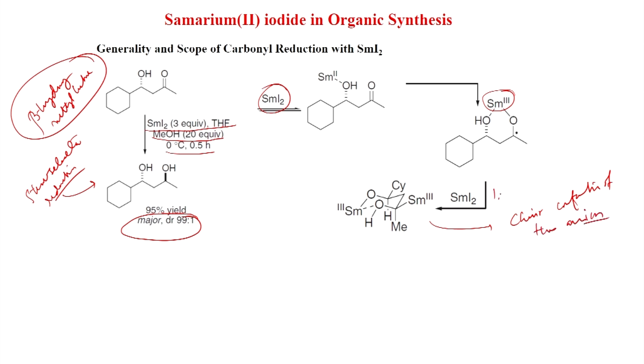So after one electron reduction you get the anion, and this anion means there samarium will come. Then cyclohexyl will be like this, and samarium 3 will take an equatorial position.